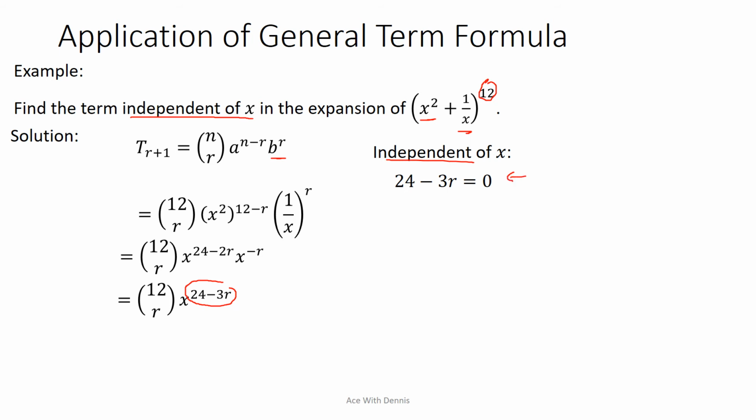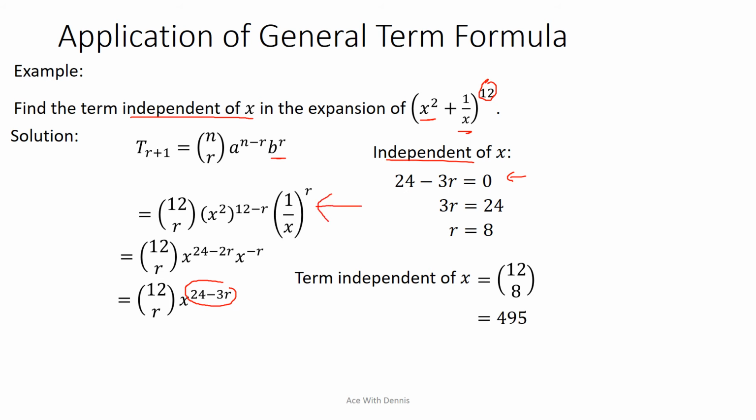Then we solve this equation: 3r equals 24, hence r is 8. So the term independent of x will be 12 choose 8. Because the power is 0, this is the term, which is 495.